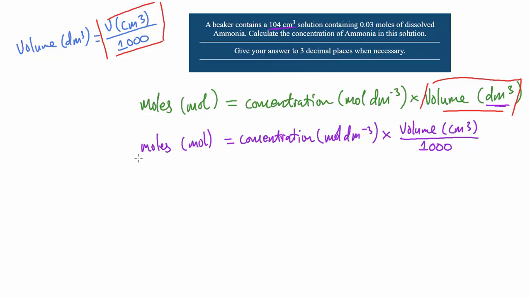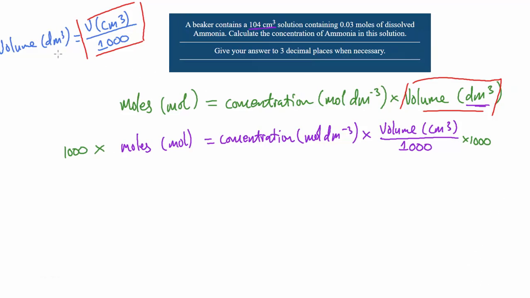We want to first of all multiply both sides by 1,000, because what we're trying to do is make concentration the subject. If we multiply that side by 1,000, you'll quite clearly see that this effectively cancels out to 1.